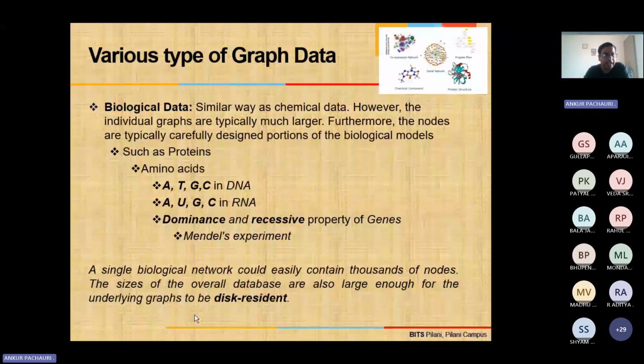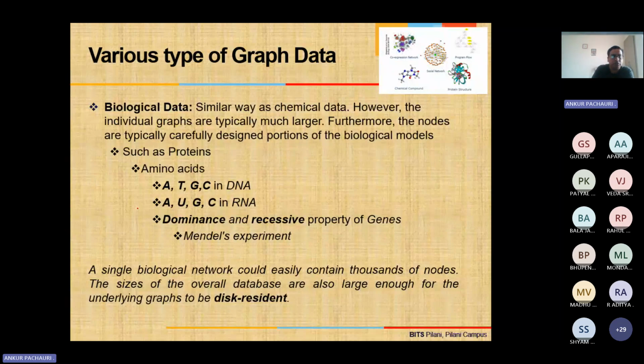In the biological data, how is it converted into a graph? We have different proteins of amino acids, ATGC in DNA, deoxyribonucleic acid, and AUGC in RNA. DNA is for multicellular organisms and RNA is for unicellular organisms. All the viruses have RNA. So in AUGC, the thymine is replaced by uracil.